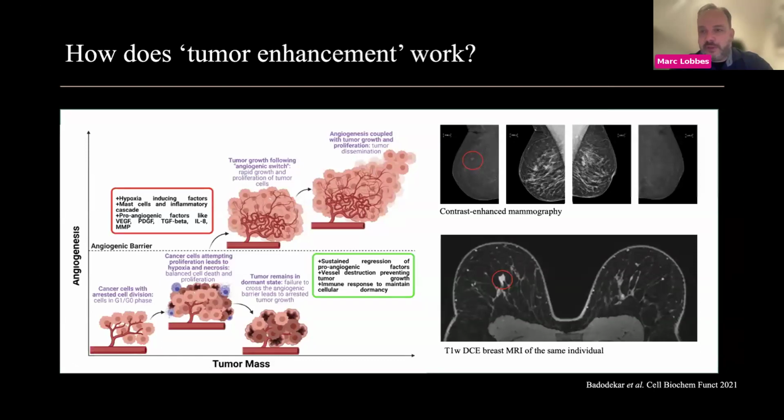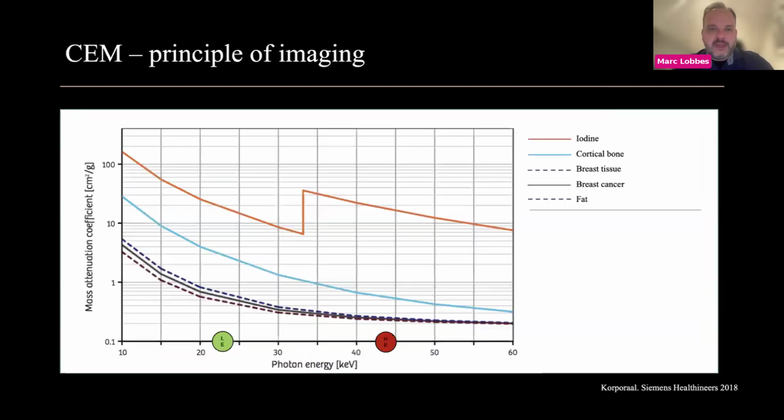So there is a time frame in which the contrast is seeping into the tumor interstitium. We are able to detect it there, but there's also a time period where we excrete the contrast, the levels in your bloodstream go down, and then you have a washout again from the tumor interstitium to excrete it from your body. Now, we know that we have a certain time frame in which we have a little amount of iodine within the tumor, but now we need to find a way to image that.